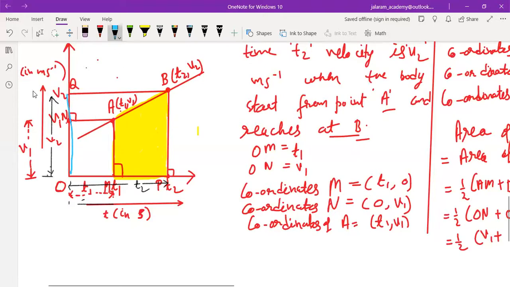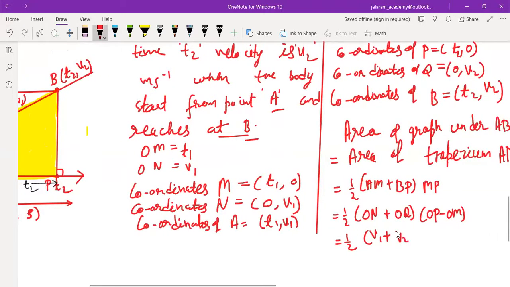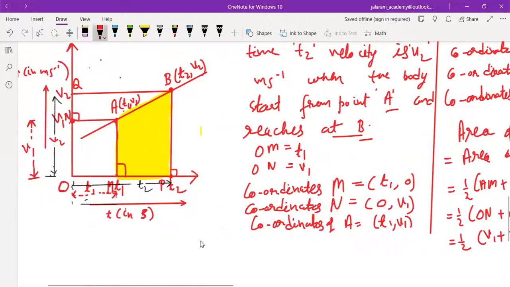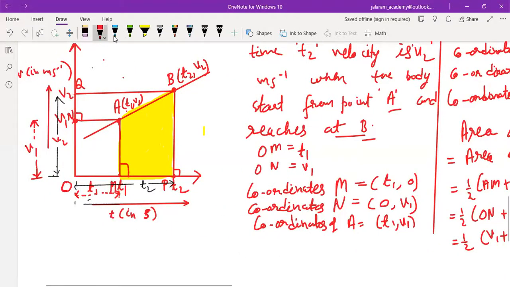This is OQ. Clearly it is equal to V2 into OP. So OP equals to T2.